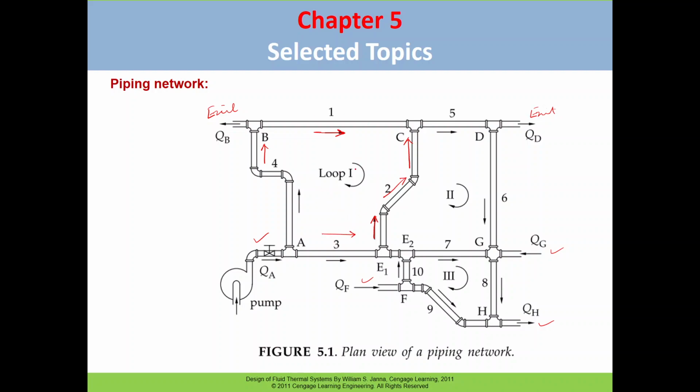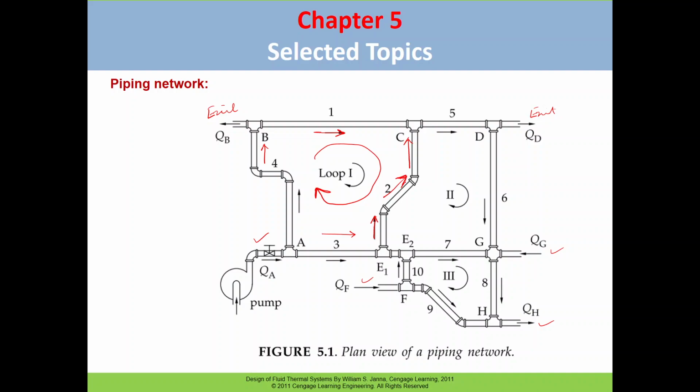So there is one flow direction in the lines, and then we can assign a loop direction. That can be clockwise or anti-clockwise. This is our choice. So here we are choosing that the loop direction is clockwise. So this is loop 1, this is loop 2, this is loop 3, and the loop direction is clockwise. So here we can see that some of the flow directions are along the loop direction and some are opposite.